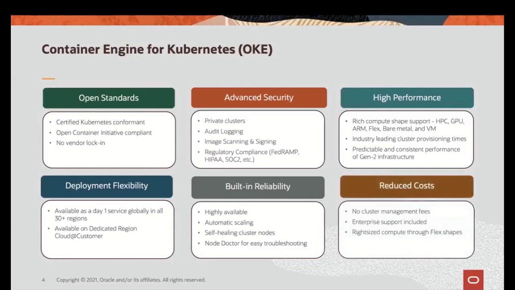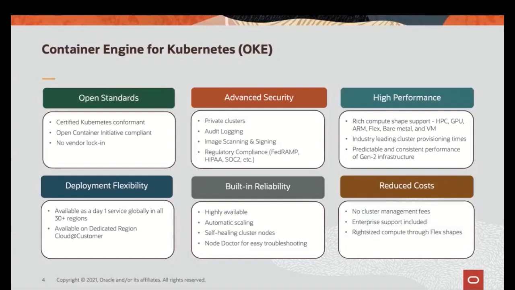And finally, using OCI in general helps you reduce your costs. You get the best price performance for your compute shapes. You get flexible shapes that enable you to really size your compute instances to exactly what your application requires.